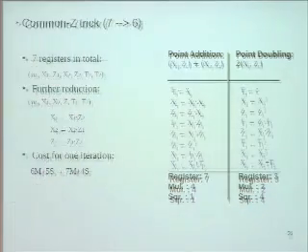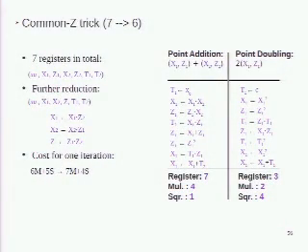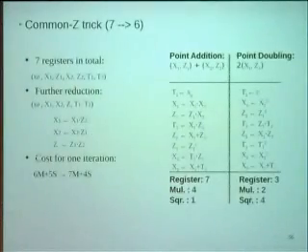So how about further reducing it? There's one trick to do this. Basically, you make the z coordinates of the 2 points the same. So after the point addition, point doubling, you somehow cross multiply the x coordinates, z coordinates, and you unify the z coordinates for both points. By doing this, you only need 1 z coordinate, so you can reduce from 7 to 6.